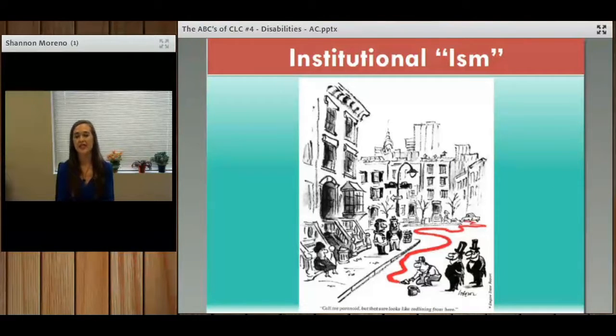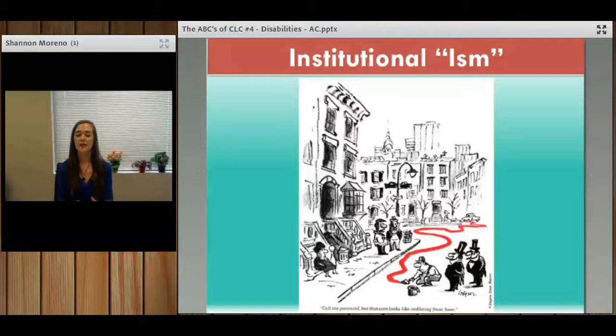So in the case of today, institutional ableism. This is where discriminatory practices, oppressive practices are ingrained within the structure of an institution at large. This can be because of the specific policies and procedures that are in place that do not take into account all of the individuals that an organization is going to see or is going to serve.